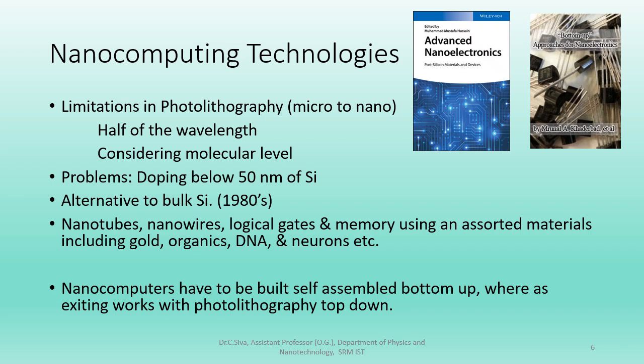Feature sizes cannot be reduced beyond roughly half of the wavelength of the light being used. And at molecular scales, doping silicon becomes unreliable below 50 nanometers.